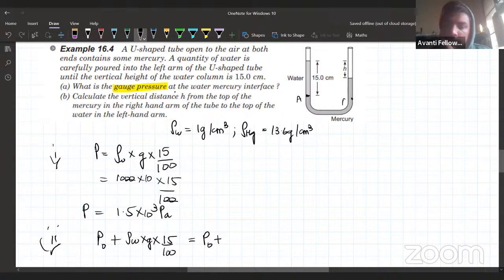Point B. I'm messing up something. Let me just check the solution of it. Just give me a sec, guys. Question 16.4. Yeah.